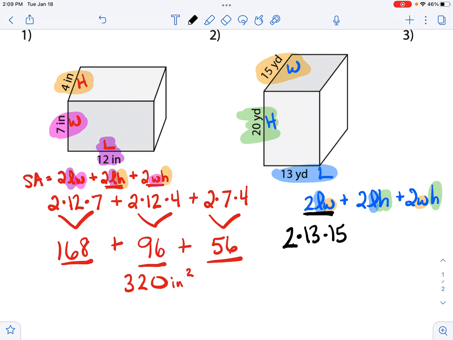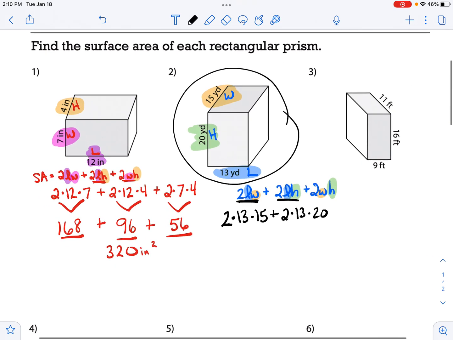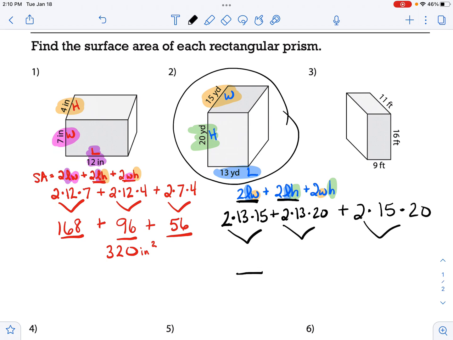So I got my first part done. Now I'm going to the second part: 2 times L is 13, times H is 20. I'm getting it all from up here. And the last part, 2 times W is 15, and H is 20. So I have my 3 parts.